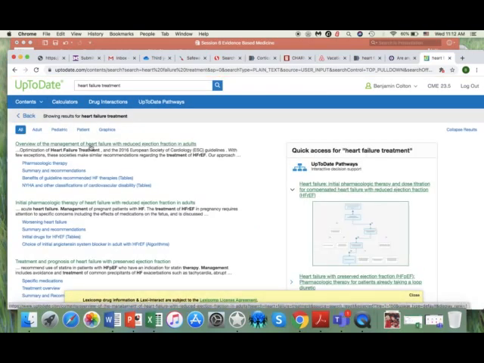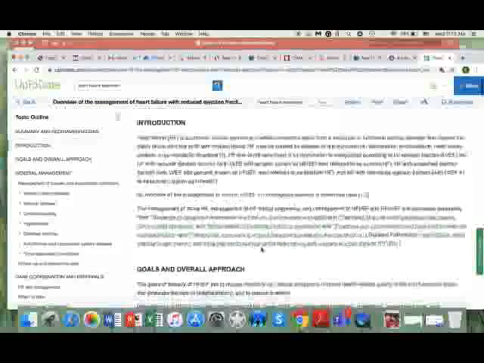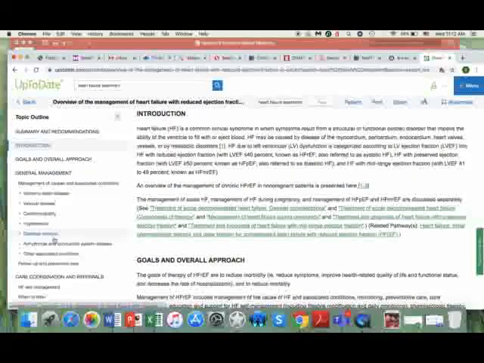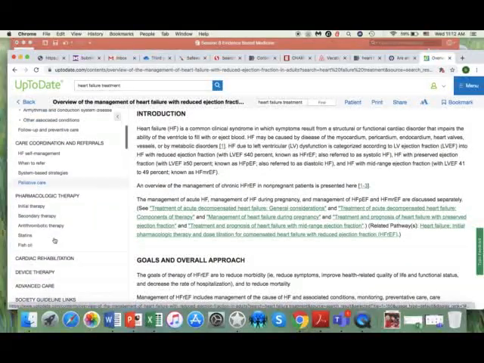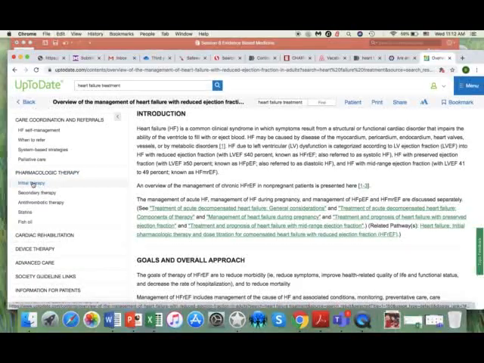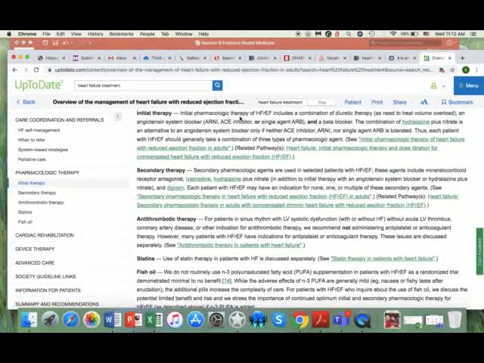Okay, overview of the management of heart failure. If it takes me here, I really like it. All the different topics are here. If I'm just looking at pharmacologic therapy, what's the first therapy I can give? I can click on that and go down here and say, this is normally what we give.